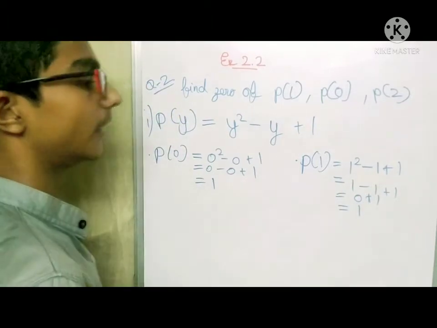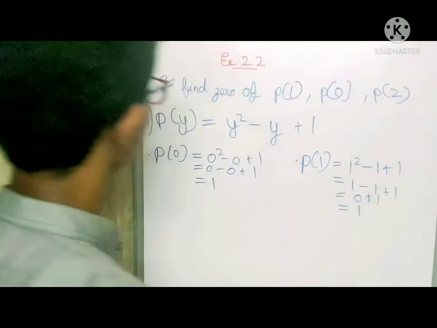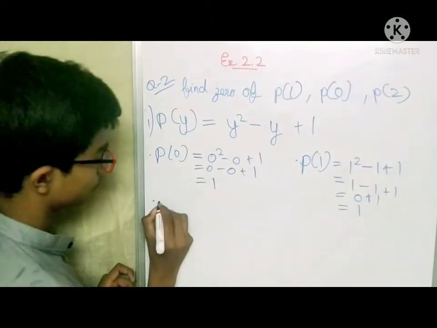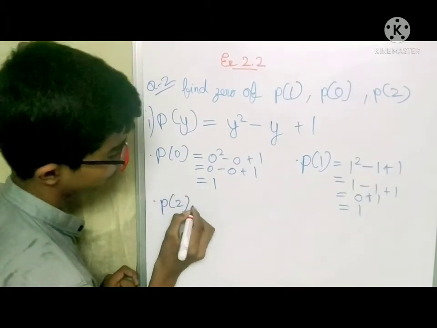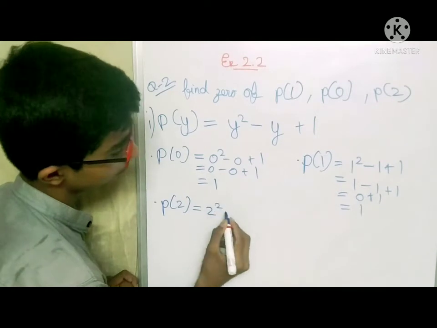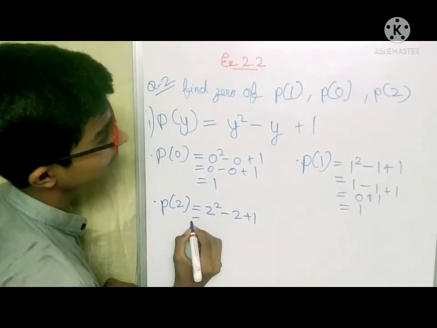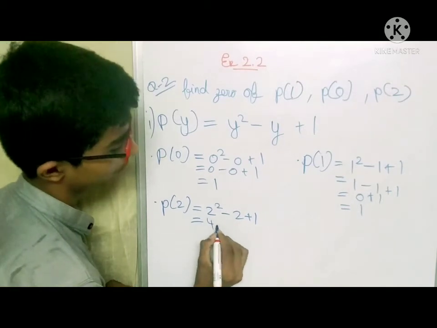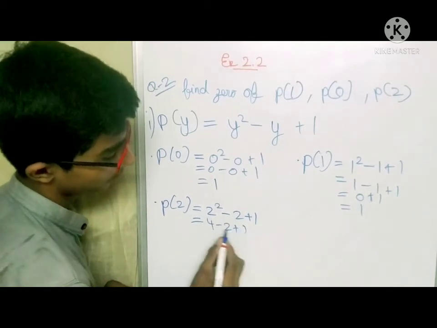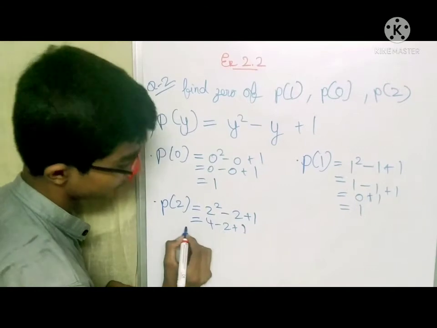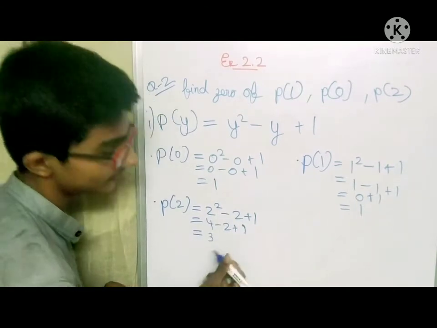So both answers are 1. Now p of 2. P of 2 is equal to 2 square minus 2 plus 1, which is 4 minus 2 plus 1. So 4 minus 2 is 2, plus 1 is 3.